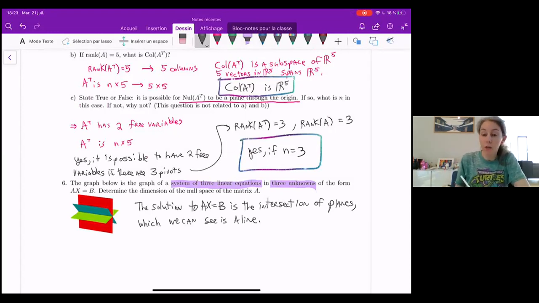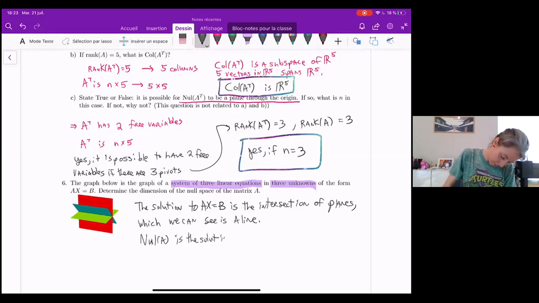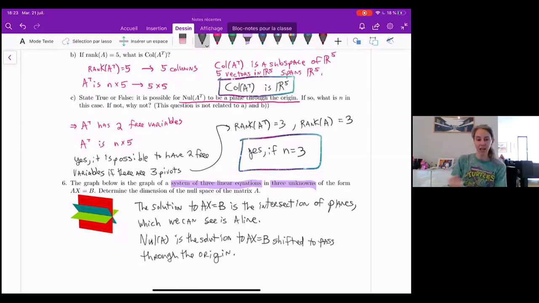And we know that the null space is just the solution set to AX equals B, but shifted to pass through the origin, which means that because this is a line, the dimension would be 2.